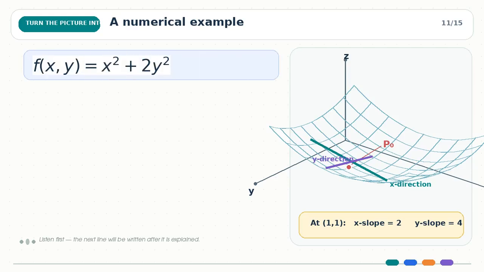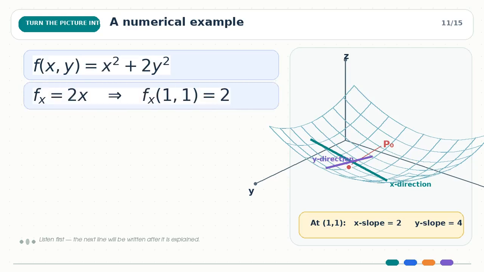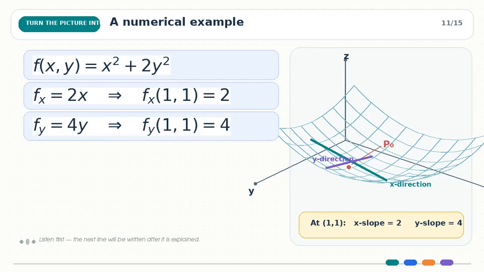Consider the smooth surface f of x, y equals x squared plus 2y squared. Differentiating only with respect to x gives f sub x equals 2x, which is 2 at the point 1, 1. The x direction slope is 2. Differentiating only with respect to y gives f sub y equals 4y, which is 4 at 1, 1.